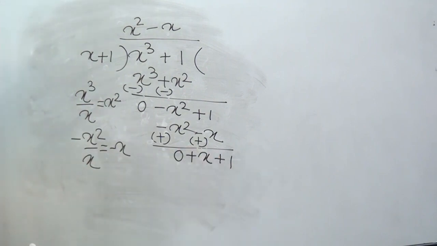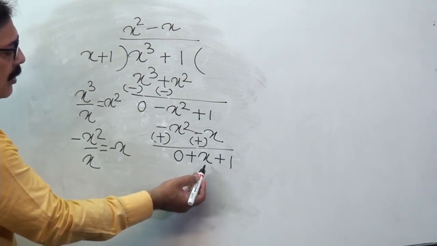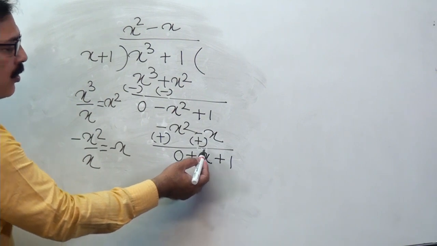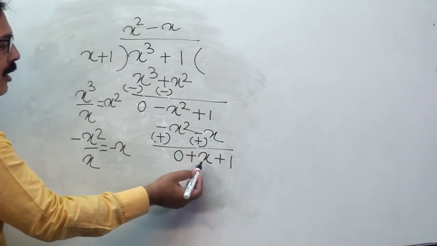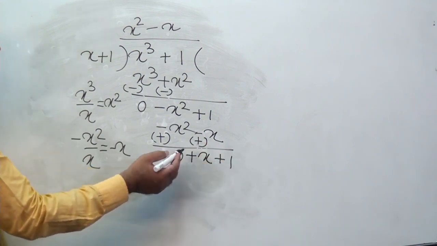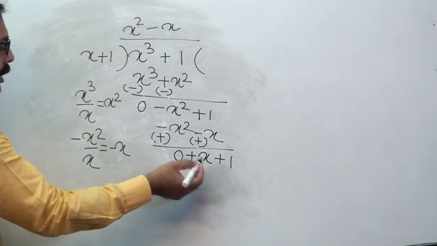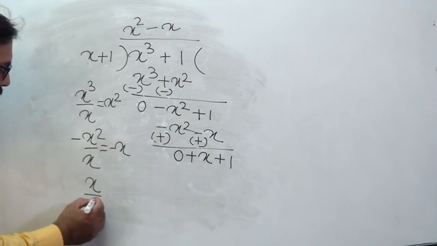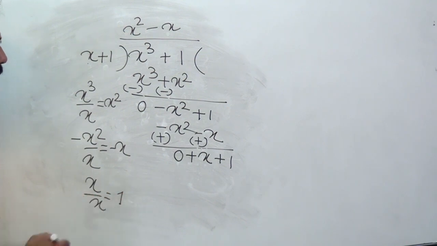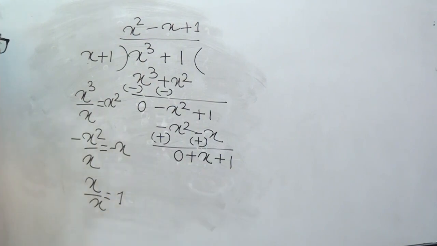Now to get the third term of the quotient, we divide the first term of the new dividend x plus 1 with the first term of the divisor, that is x by x, that gives 1. So the third term of the quotient is 1.